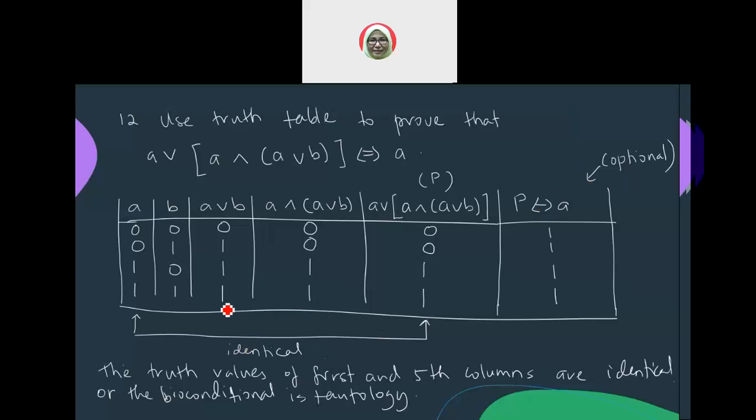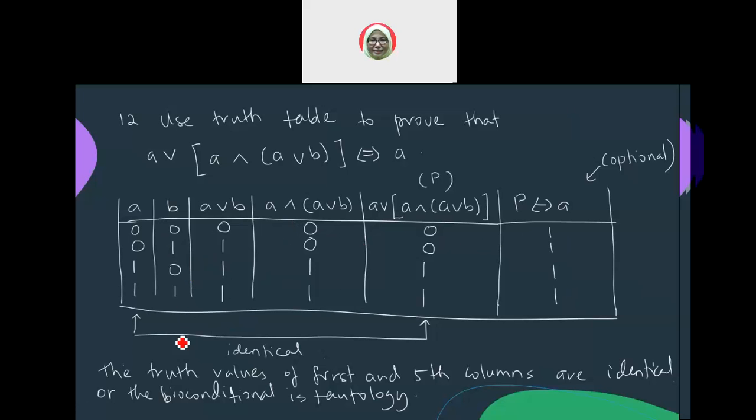If you choose to use the reason of identical column, then for the biconditional you can omit this column. This one is optional. I believe that you know what to fill in for the truth values of this table.